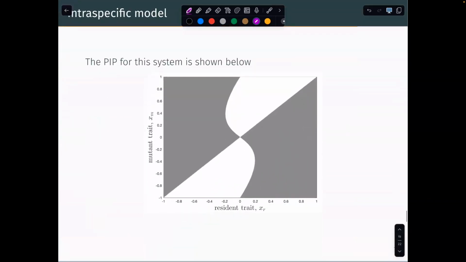Okay, so the actual pairwise invasion plot for that system is shown here. In this case, we see our singular strategy, and these are our positive and negative regions, the same kind of setup that we had before. So shaded means positive invasion fitness. We see that our singular strategy occurs at 0, as we concluded analytically. This is something I just generated numerically in MATLAB.